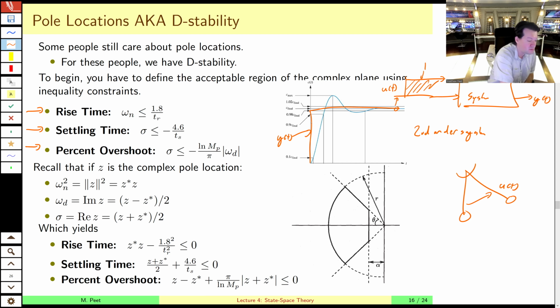This is actually y of t, and this is our command. You can see that it doesn't move there instantly. There's a lag between when you tell it to go there and when it actually arrives there. And when it arrives there, it doesn't actually stop. Maybe it overshoots your command by a certain amount.